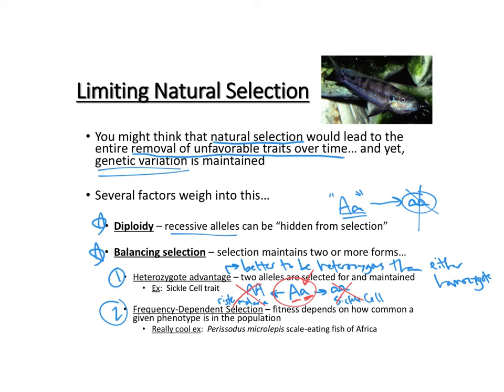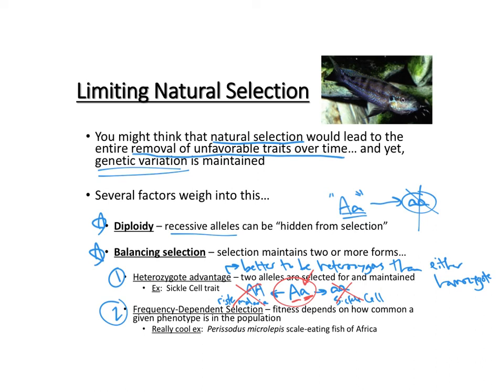What this means, if you break that down, is what it sounds like: the relative fitness of a trait depends on how common that trait is. And so basically, as one thing becomes more common, we can start to see a shift back to the other thing. And then over time, this will continue to happen back and forth.